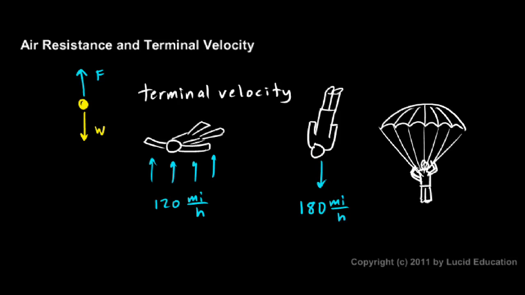Because the parachute has such a large area to catch the air, it moves very slowly. The terminal velocity for a parachute is slow, and exactly how slow depends on the parachute. You can obviously land at a slow enough speed to not get hurt. If you hit the ground at these other speeds, it would be fatal. But with the parachute, you can land and not get hurt. Modern parachutes are effective enough to allow a person to make a gentle landing standing up.